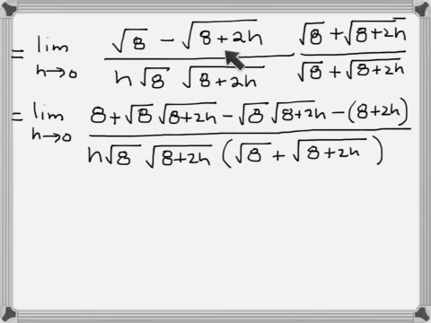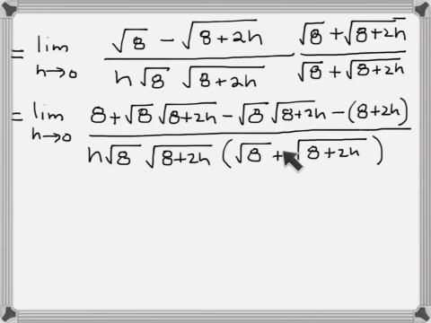And then last times last would give me this minus 8 plus 2h. Notice the bottom, I didn't really multiply anything out. It's kind of counterproductive to do that, because what we're hoping is that something down here will cancel out and kind of help us with that 0 over 0 situation.